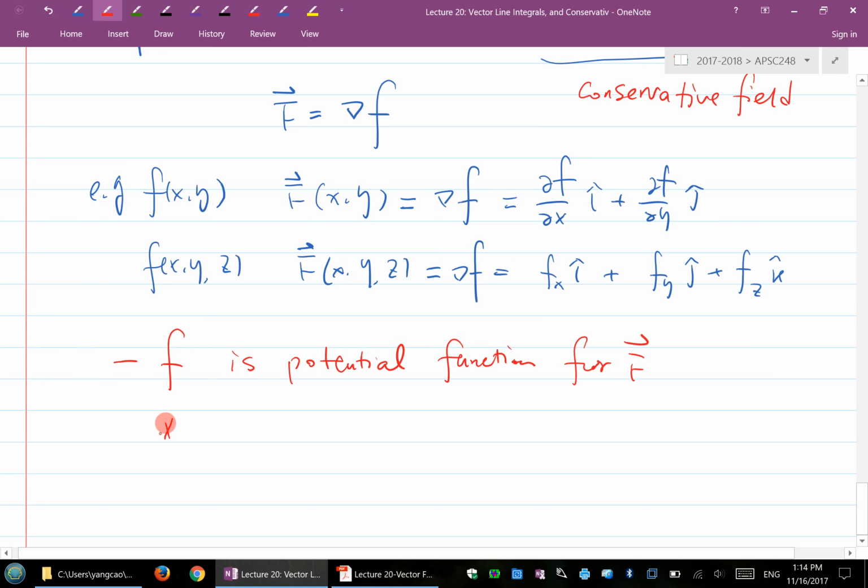If you recall, we have a gravitational potential. If you take the gradient of the gravitational potential function, it will yield a gravitational field.